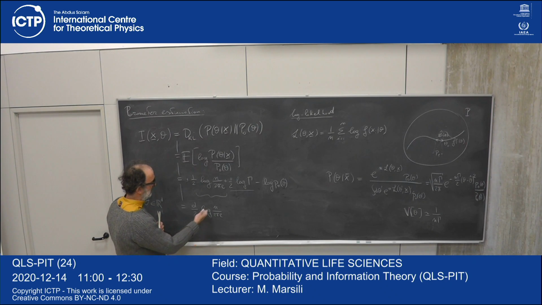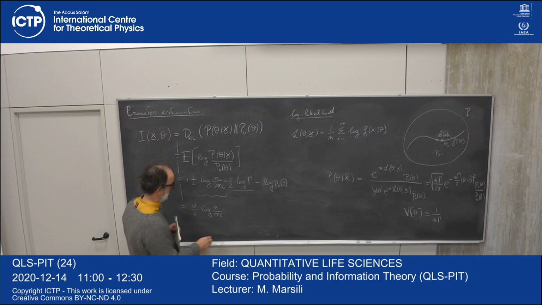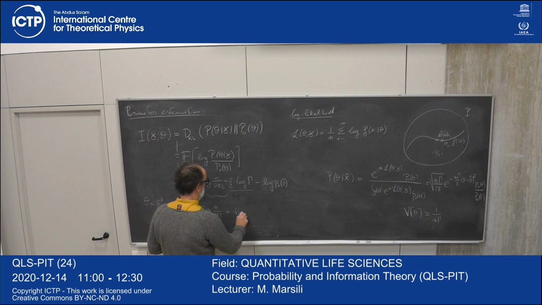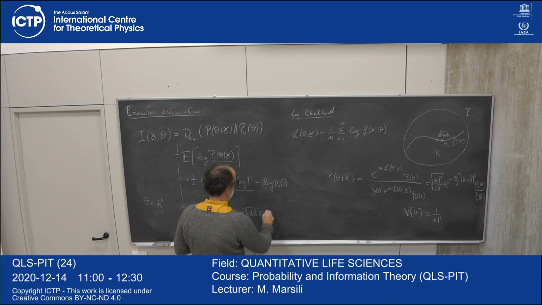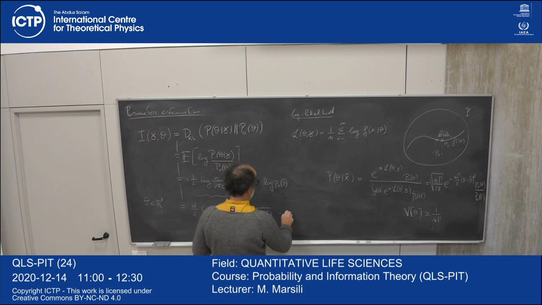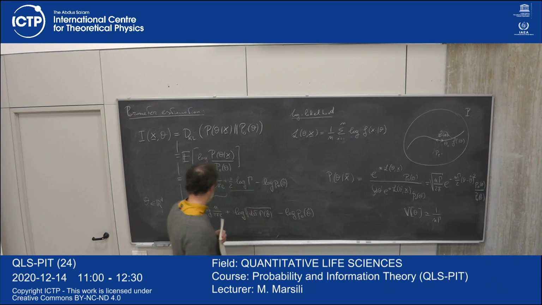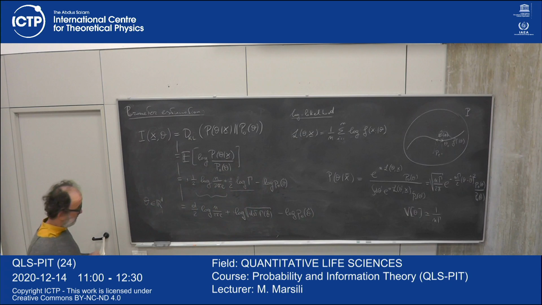And so this is the term, the gain in information that you get. Then here, instead of this, you have the log of the square root of the determinant of the matrix gamma computed in theta hat. And here again you have minus the log of P0 of theta hat. Okay?